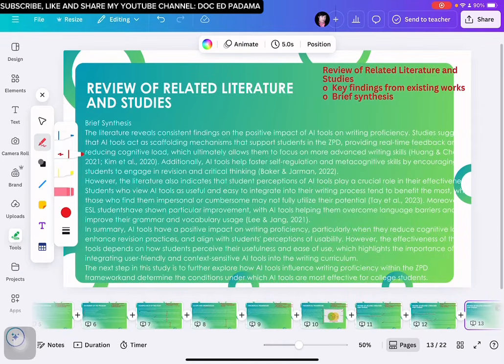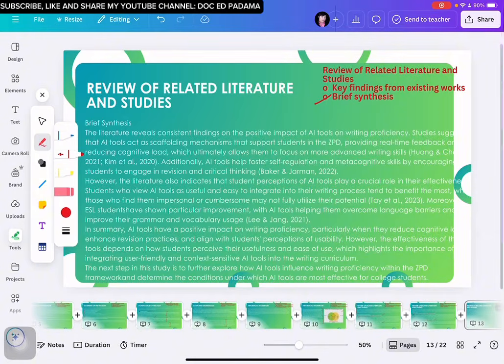So part of the content, the second part is the brief synthesis. So the synthesis is the summary of all of the references that you used, and then you establish the common denominator of these references, and then establish the relevance of these common denominators to the study that you are conducting.